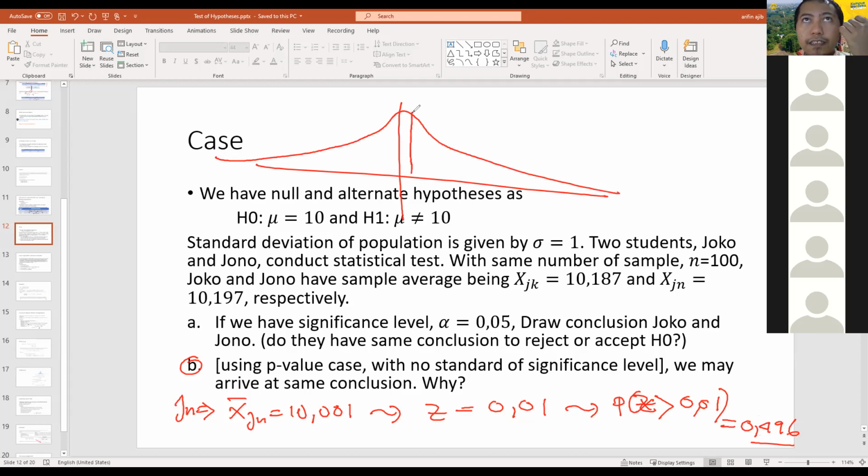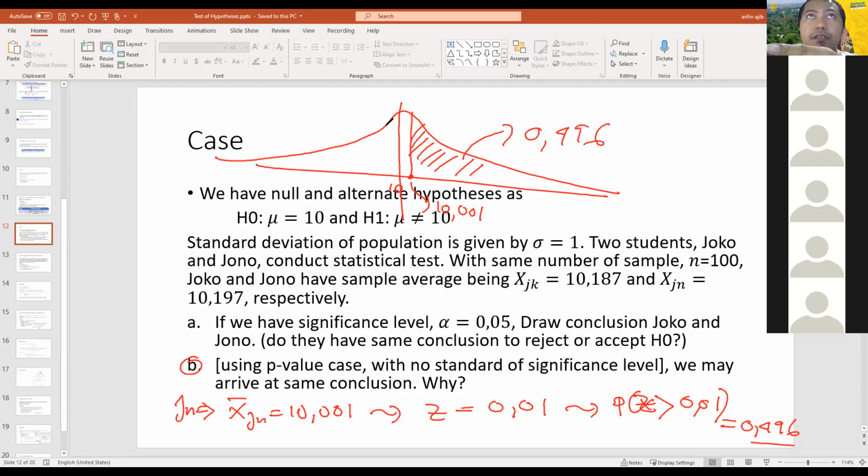So in this case, precisely in the middle is 10, and then the Johnny observation here is 10.001, and then for this area is 0.496. Okay, that's for the right side.